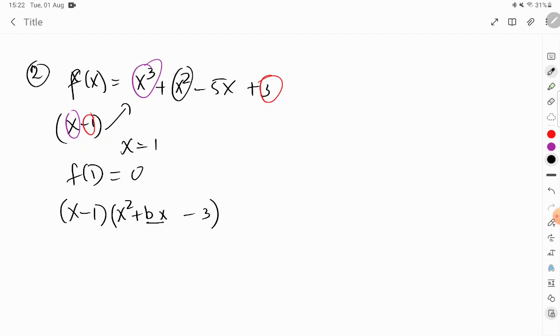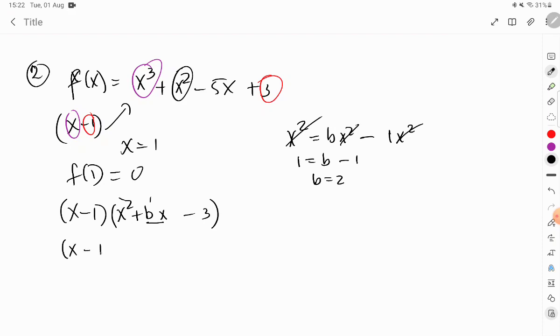So what we're going to do again is we're going to choose this. x squared: when you multiply x and b, you find bx squared. You multiply minus 1 and that, you find minus 1 x squared. So you can just cancel out that. You have 1 is equal to b minus 1, b is equal to 2, right?